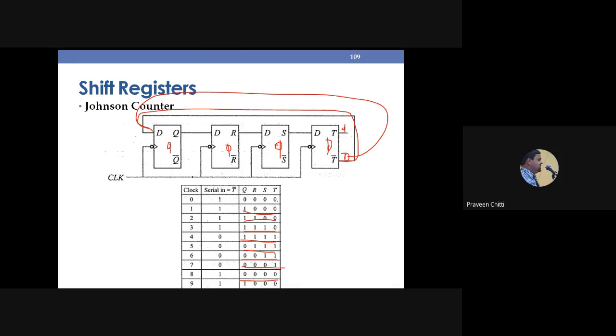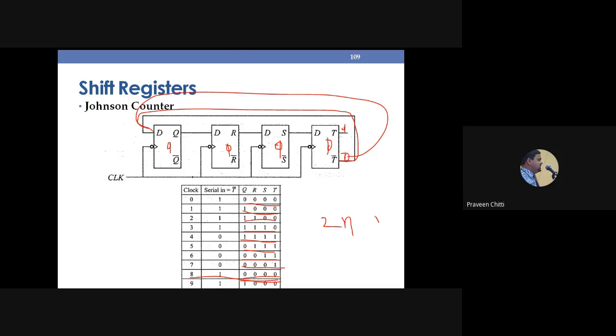So here you can see that initially we started with 0 0 0 0. We will reach the 0 state again after 2n clock pulses, where n is the number of flip-flops. Here how many flip-flops are there? 4. So after 8 clock pulses, we again reach the original state and the process continues.